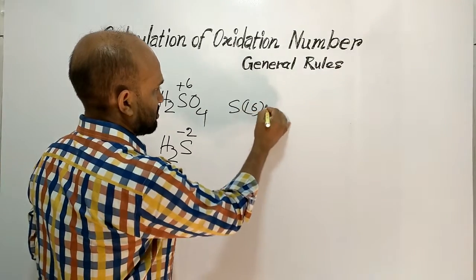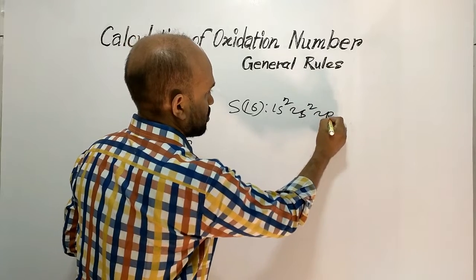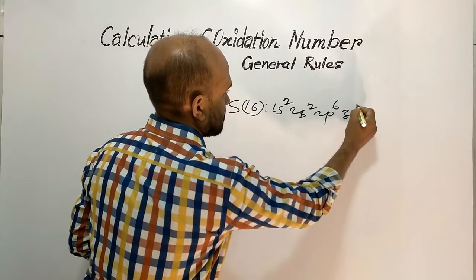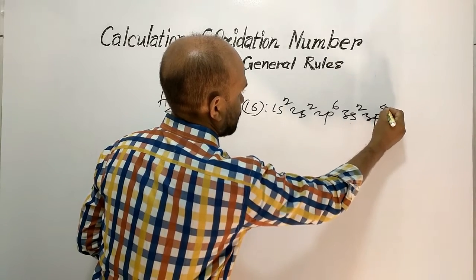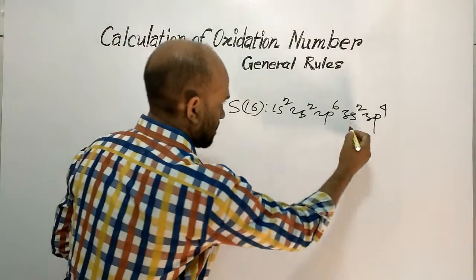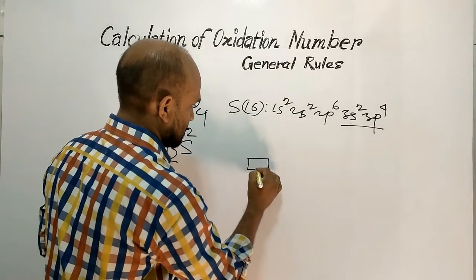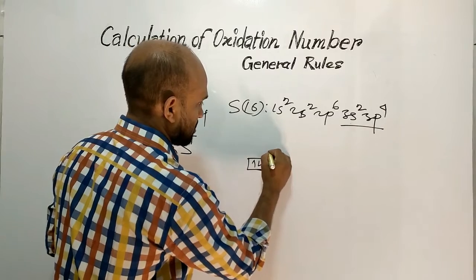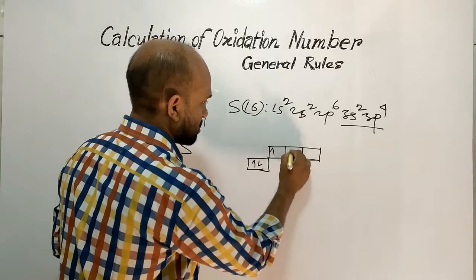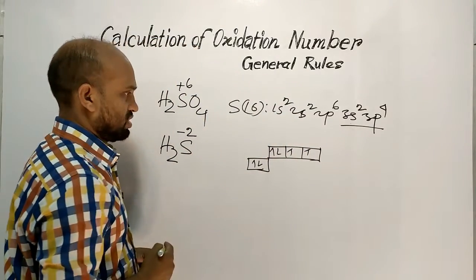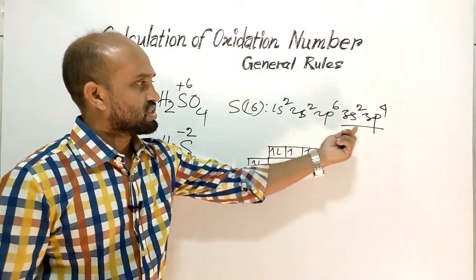Sulfur 16: 1s2, 2s2, 2p6, 3s2, 3p4. In the outermost shell of sulfur, in the s orbital there are 2 electrons, and in p orbitals a total of 4 electrons. So in the outermost shell of sulfur there are 6 electrons.